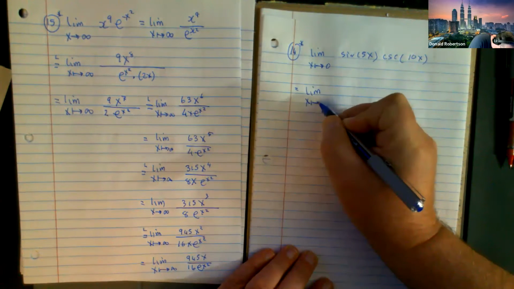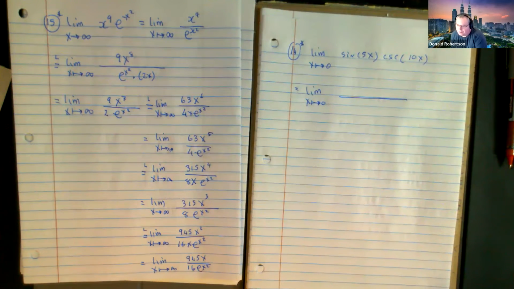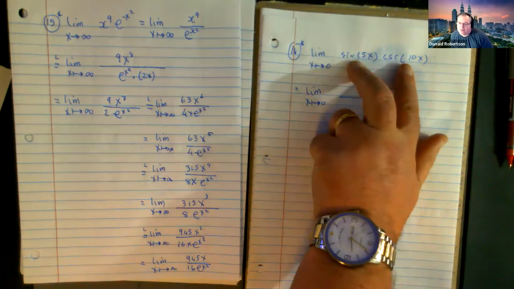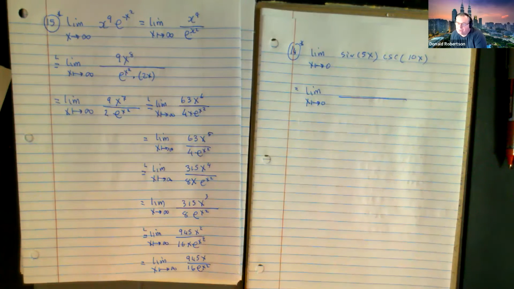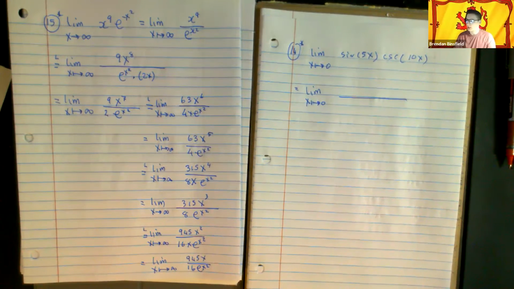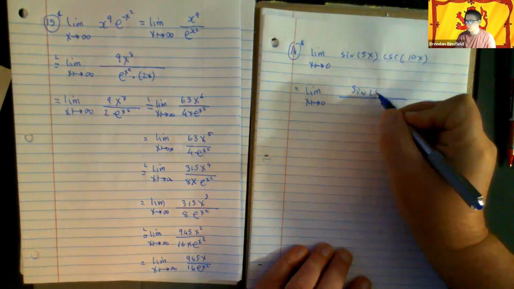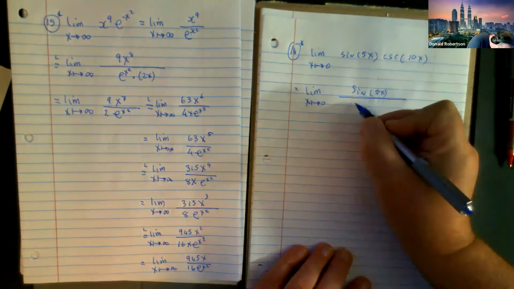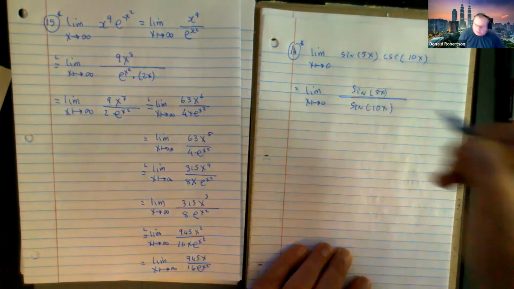Okay, we need some fraction here, don't we? You can't do L'Hopital without a fraction. Any suggestions about one of these two guys being changed and ending up on the bottom? Cosecant becomes the sine in the denominator. And a cosecant then becomes essentially that, right?